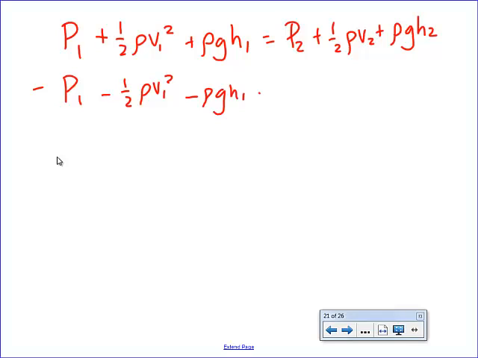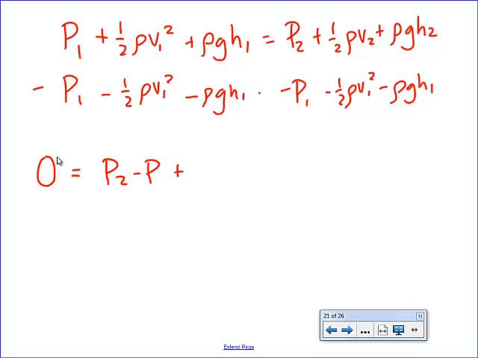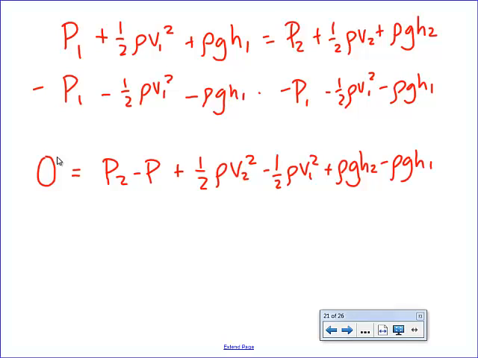If I do it to the left side, then I have to do it to the right. And then what I would end up with is 0 equals P2 minus P1 plus 1/2 rho V2 squared minus 1/2 rho V1 squared plus rho g H2 minus rho g H1.